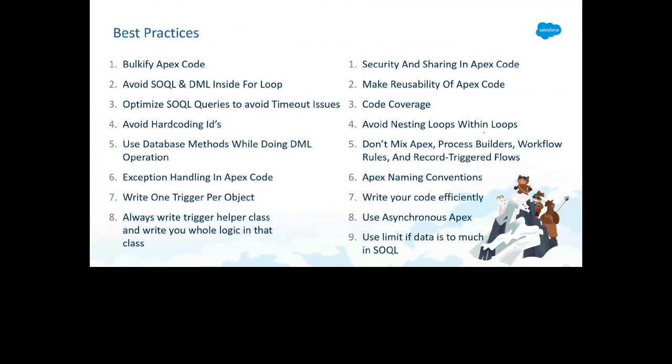So avoid SOQL and DML inside a for loop. Whenever you start your career, most developers make this mistake. They are looping, and they are performing DML operations inside the for loop. This is a huge mistake, and Salesforce doesn't support that.